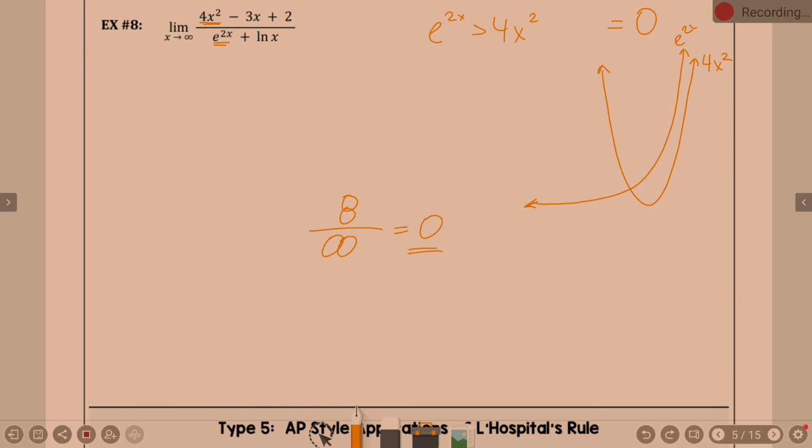Can you see e to the 2x is always going to have higher y values? That's how e to the 2x, in the hierarchy of functions, ranks above 4x squared. It's going to go up quicker. Okay?